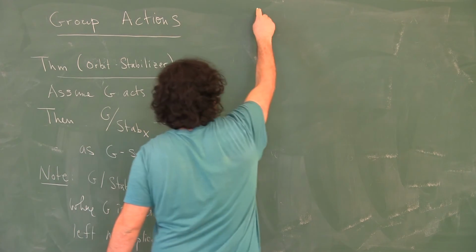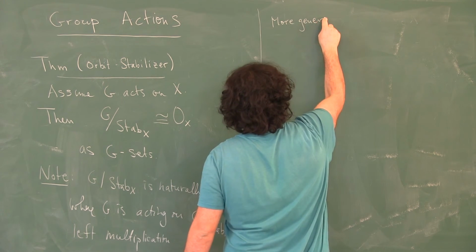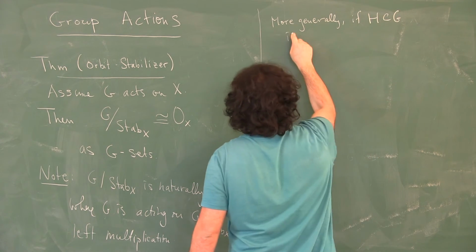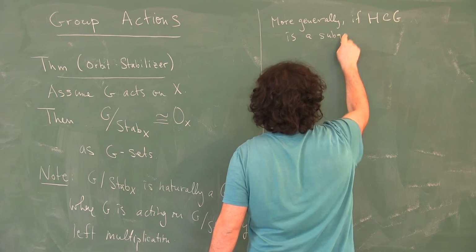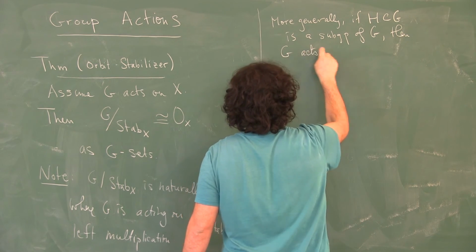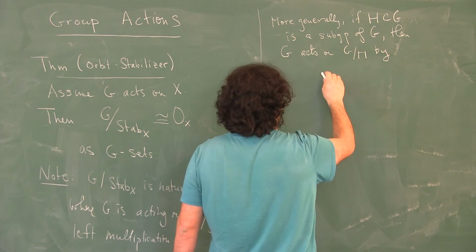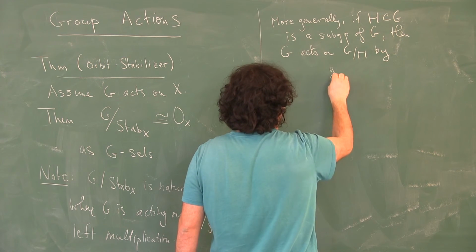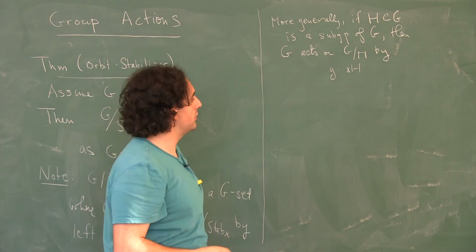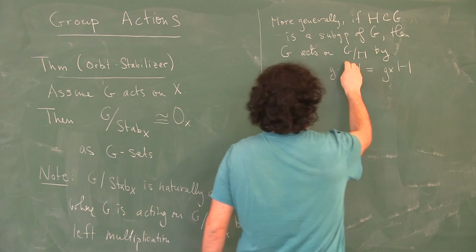So more generally, if H is a subgroup of G, then G acts on G mod H by left multiplication, by which I mean it acts by g acting on a coset xH. xH is an element of G mod H. This is equal to just gxH.